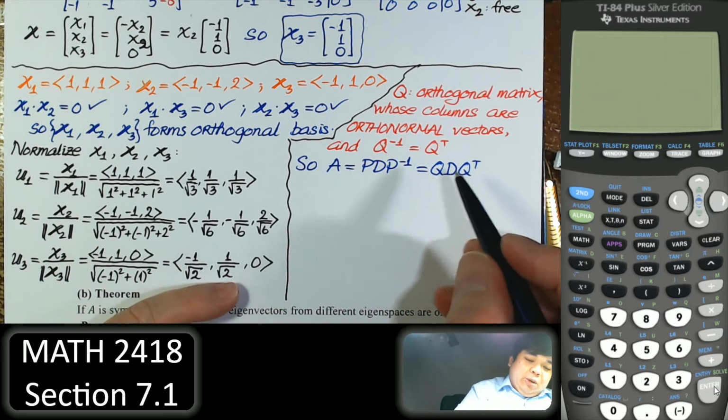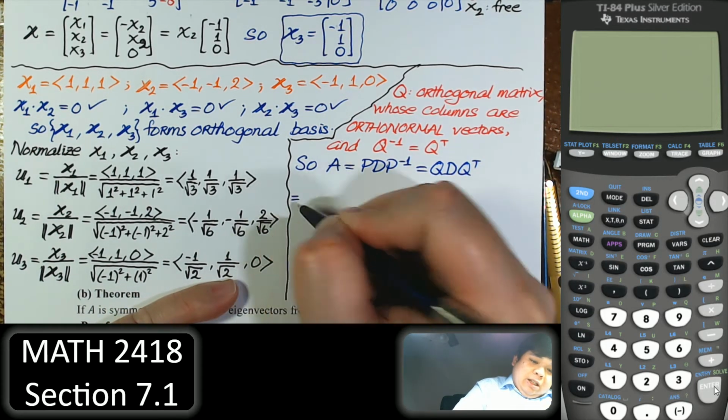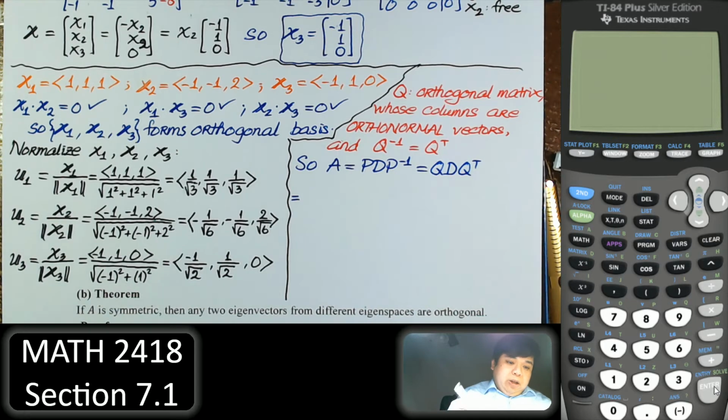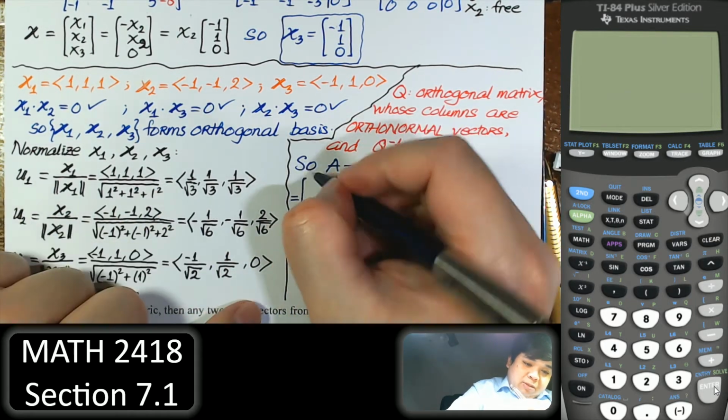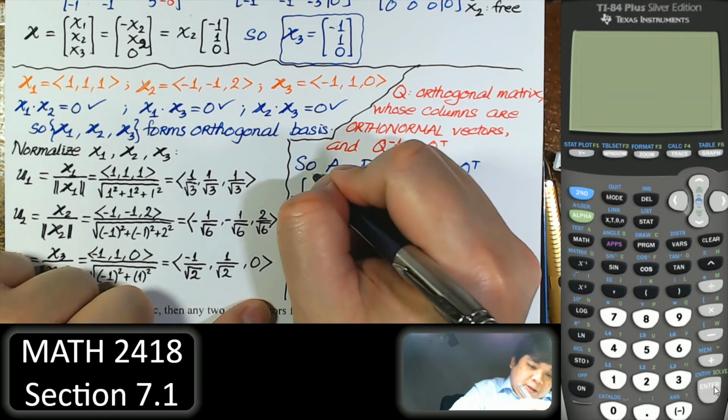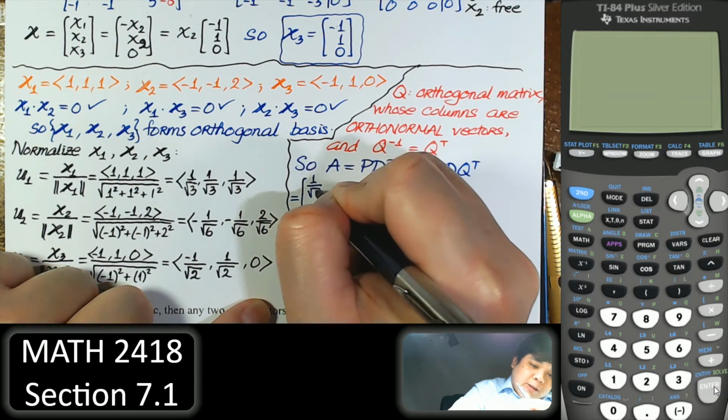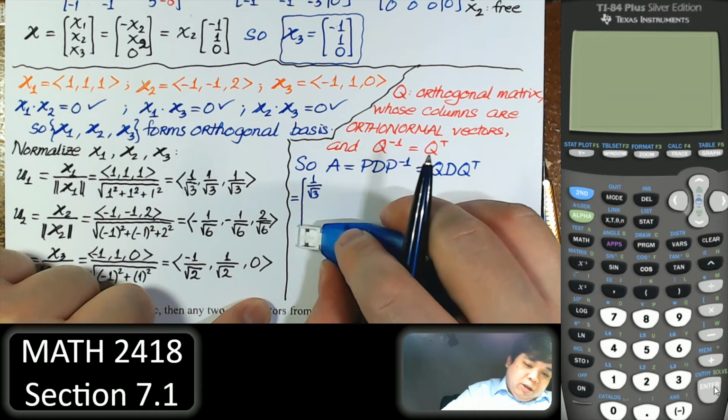So in that case, Q is going to be the matrix where we write these vectors in columns. This one a little bit bigger.